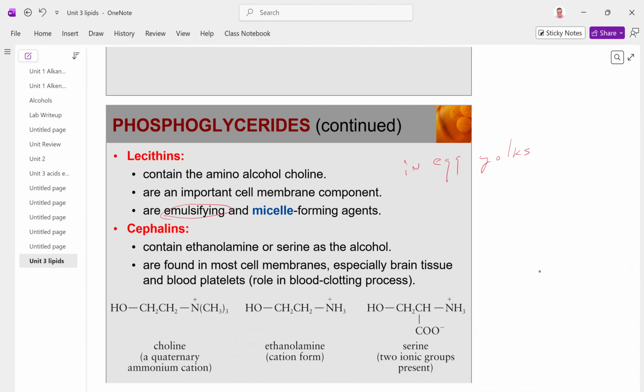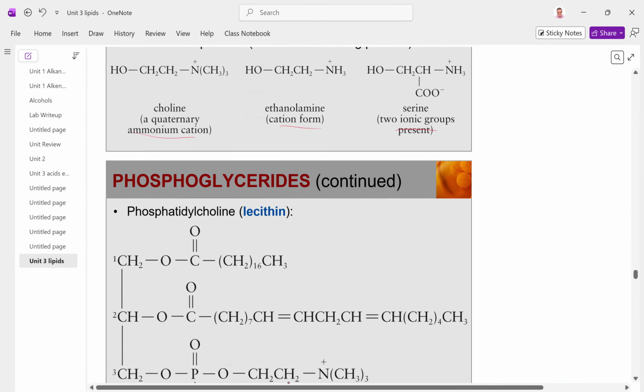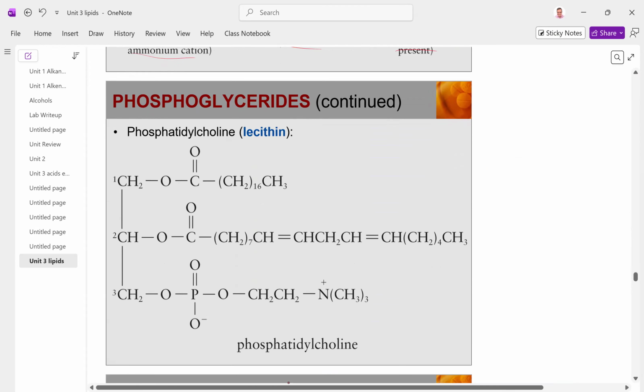Cephalins are the same idea, only it's not choline. They use either this or that. So you need to know this, lecithin. So here's the choline.